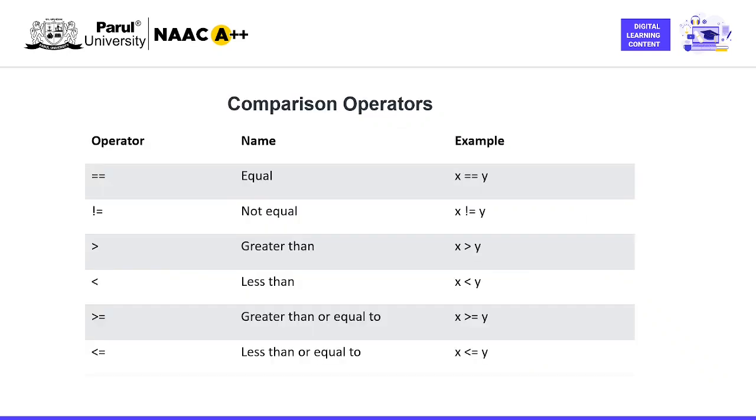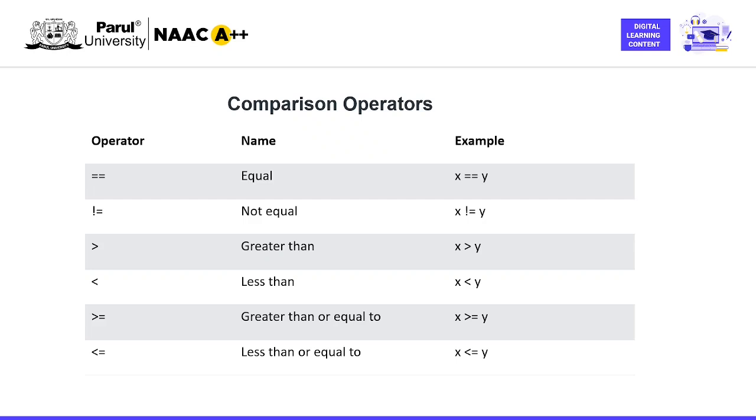The next one is comparison operator. All of you know very well, when we perform some programming, we need to compare, we need to check whether the left hand side and right hand side are equal, whether the left hand side is greater than the right hand side, whether the left hand side is less than the right hand side.